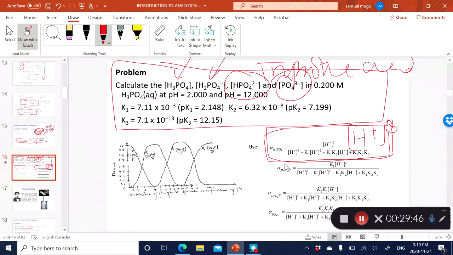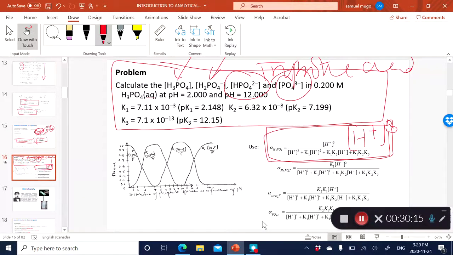And the D, in this case the denominator, is the H plus raised to power 3 plus the Ka1 H plus raised to power 2 plus the Ka1 Ka2 H plus the Ka1 Ka2 Ka3. For the first amphiprotic species, the only thing that changes is the Ka1 multiplied by the H plus to power n minus 1, sorry, which is 3 minus 1 to give you 2, and so on.